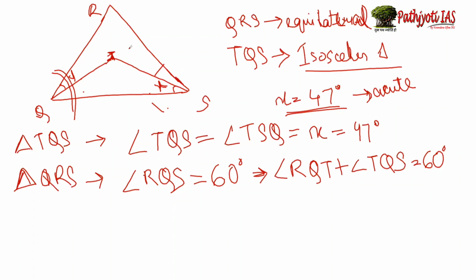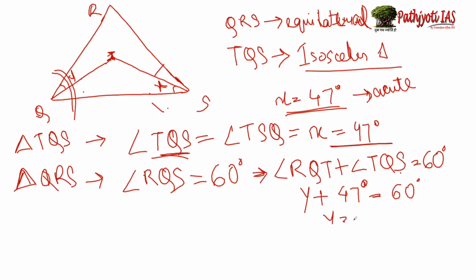So now this RQT is actually Y, है ना। एंड ये जो आपका TQS है, ये आपका तो 47 है, क्योंकि ये TQS, ये तो 47 था। ये छोटा वाला एंगल जब आइसोसेलेस के प्रॉपर्टीज से हम लोग समझ गए थे। So now this is 60.